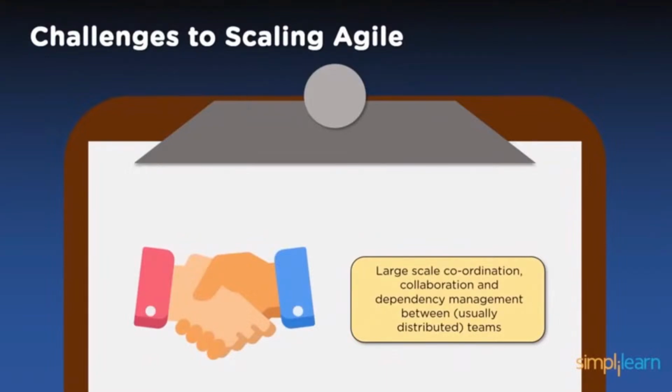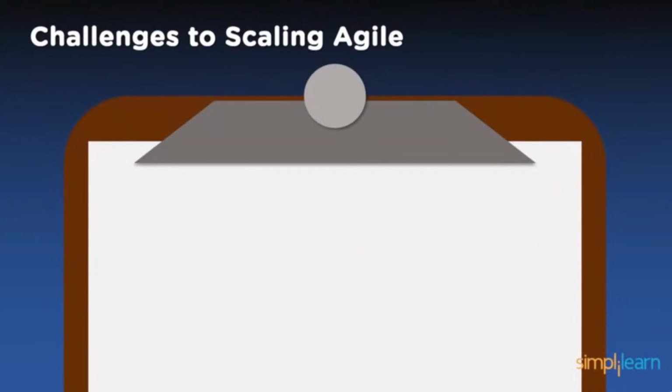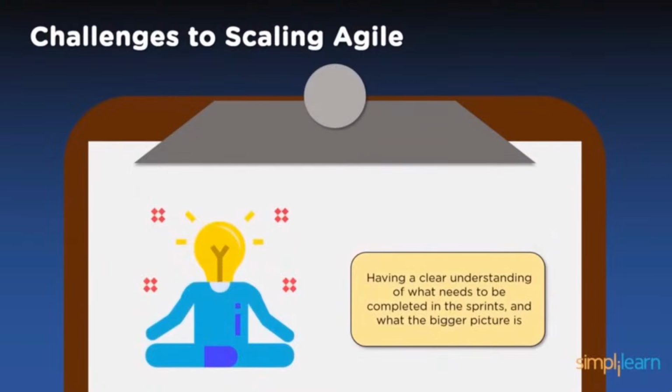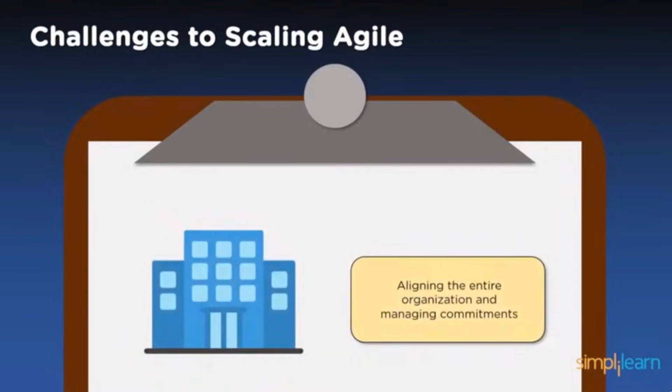But the moment you want to scale to a bigger organization and complex environment, the coordination, collaboration, and dependency management between usually geographically distributed teams was challenging. And thirdly, having a clear understanding of what needs to be completed in the sprints and what the bigger picture is. Fourth, aligning the entire organization and managing commitments.